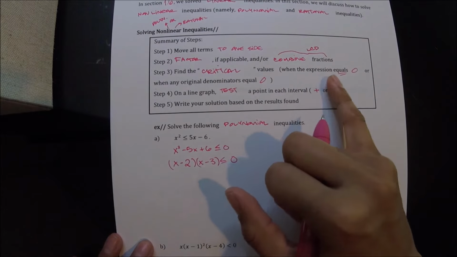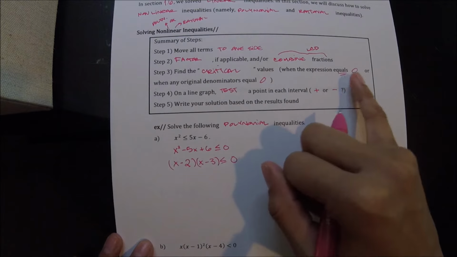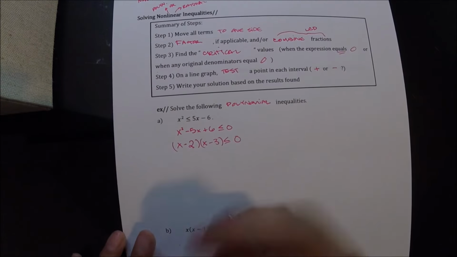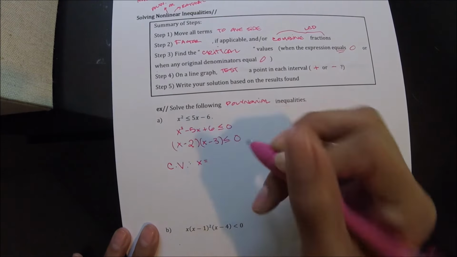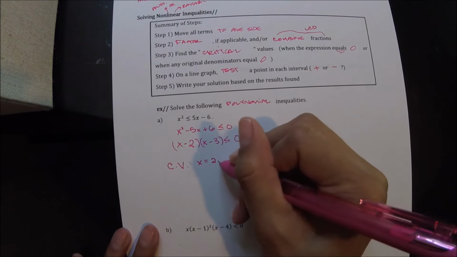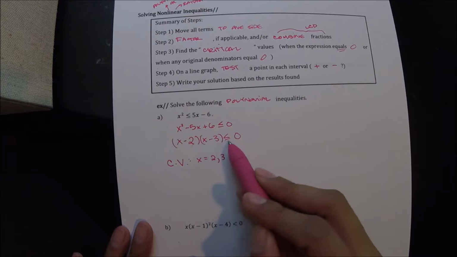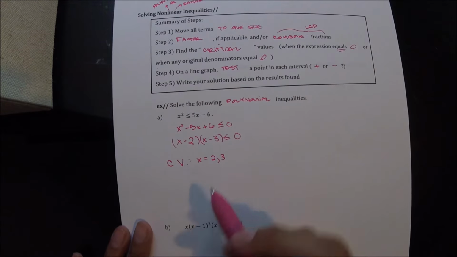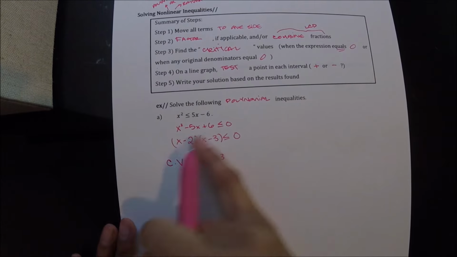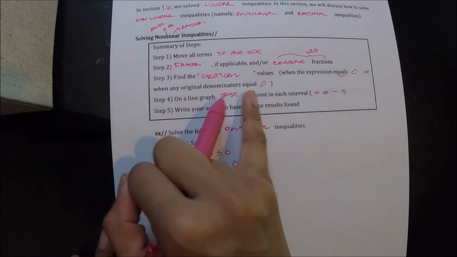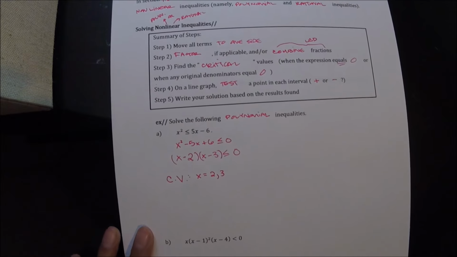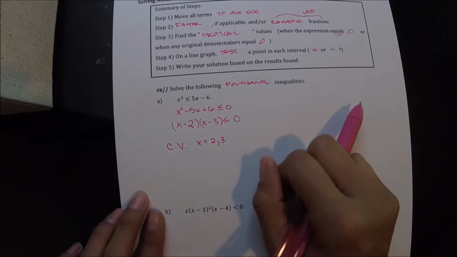When does the expression itself equal 0? Critical values would be x equals 2 or 3. If you set each of these factors equal to 0, you get 2 or 3, because that would make the whole expression 0. Or when any original denominators equal 0, but we didn't have any denominators. So these are our only critical values.